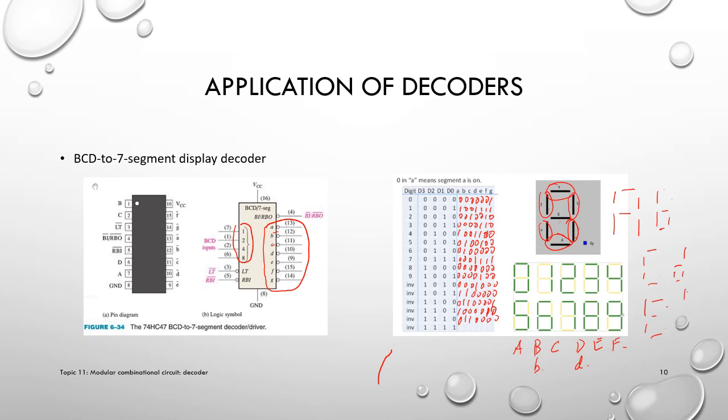And for F, B, C, D are off. So we can expand this truth table to a hexadecimal display. And all you have to do is figure out the Boolean expression for A, B, C, D, E, F, G respectively and design a circuit.